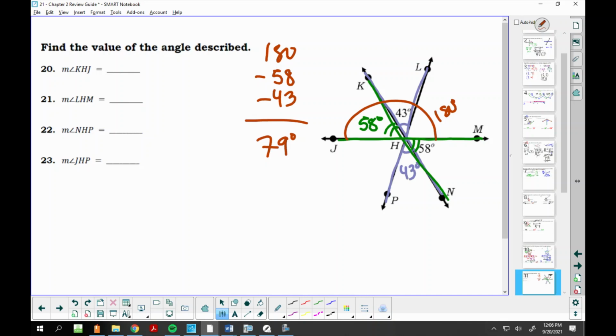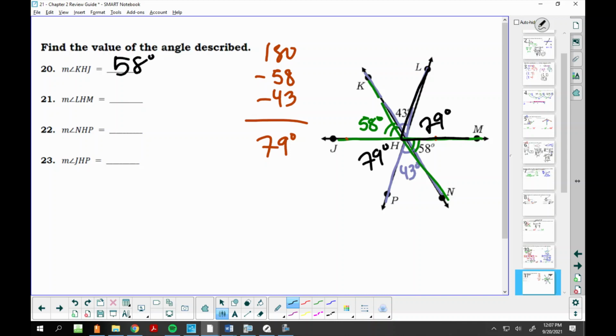Okay, nice. So this angle is 79 degrees, which means that this angle is also 79 degrees because they are vertical angles. So now we can go back and answer the measures of the angles that they're looking for. So the measure of angle KHJ is 58 degrees.